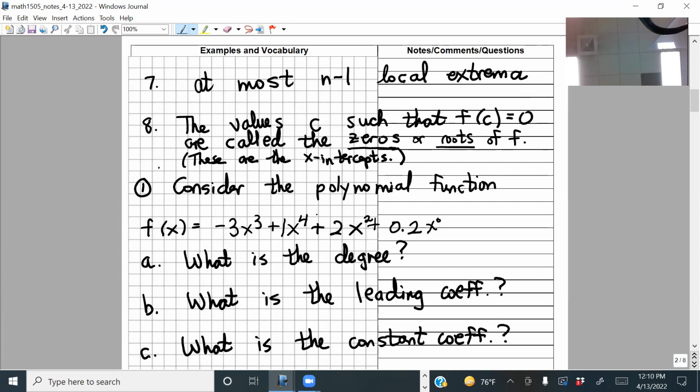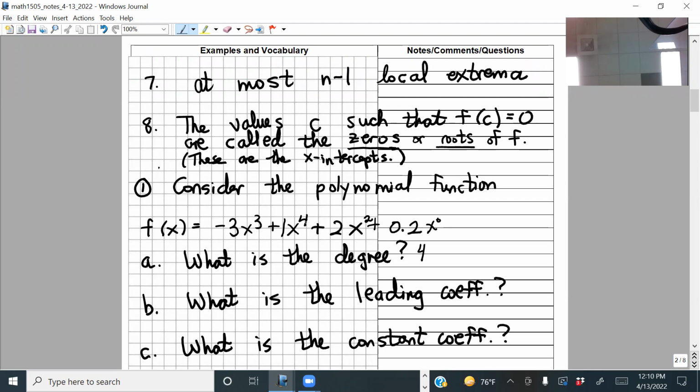The highest power of x in the formula is called the degree of the polynomial. So whatever the highest power of x is, that's the degree. What's the degree of this polynomial then? Highest power. 4, yeah.